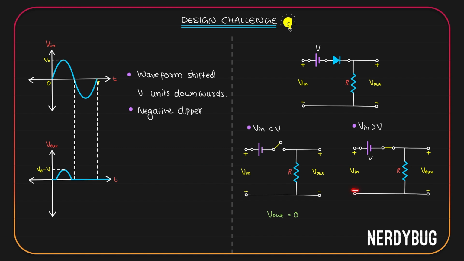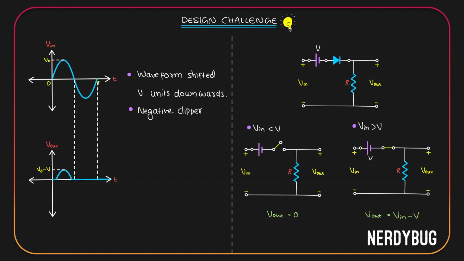V input goes from negative to positive. We have V input. V is from positive to negative, in the opposite direction, so minus V. Output is from positive to negative again, in the opposite direction of input voltage, so minus V out. This is equal to 0. Or we can write V output is V input minus V.